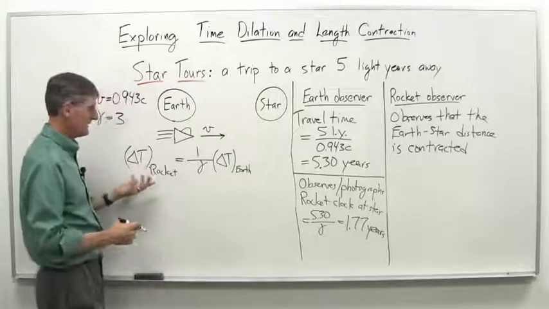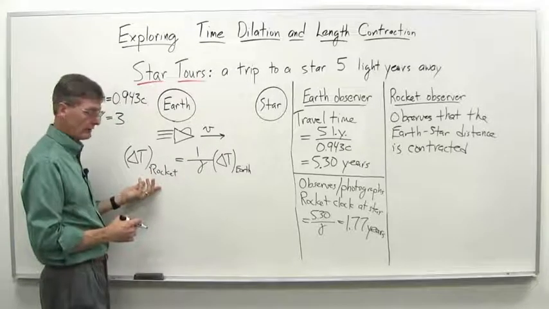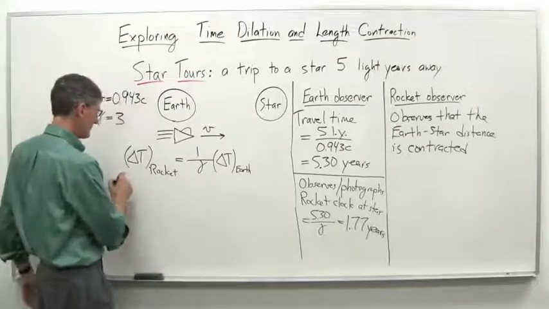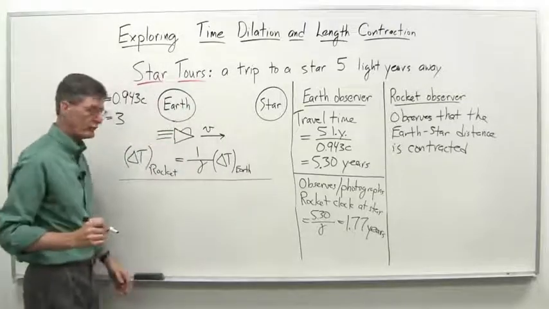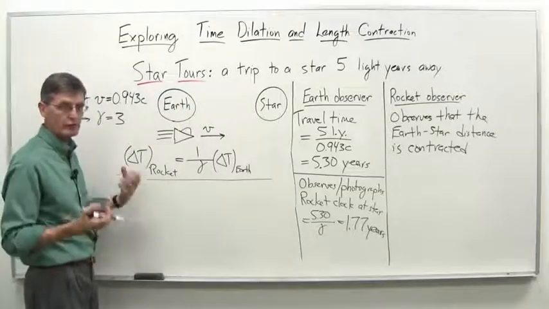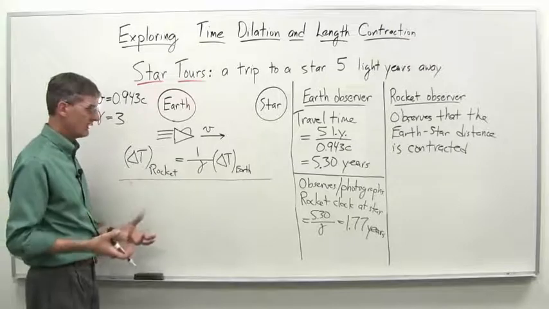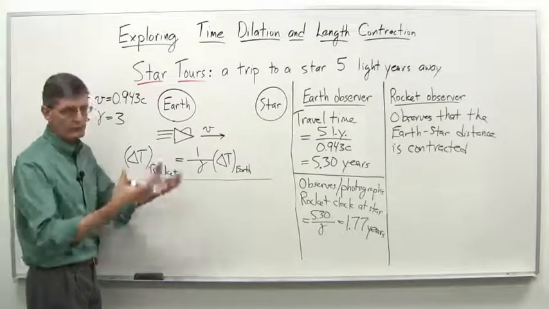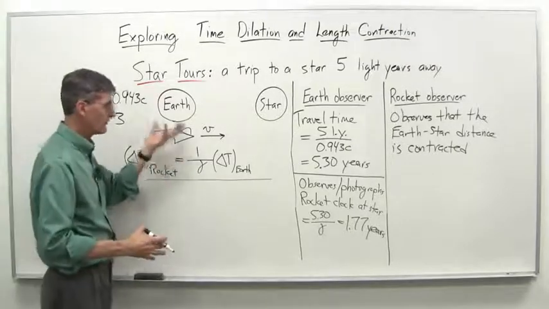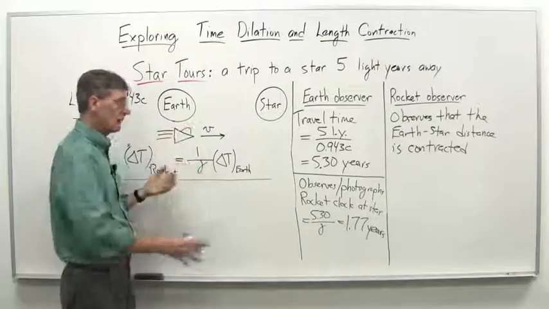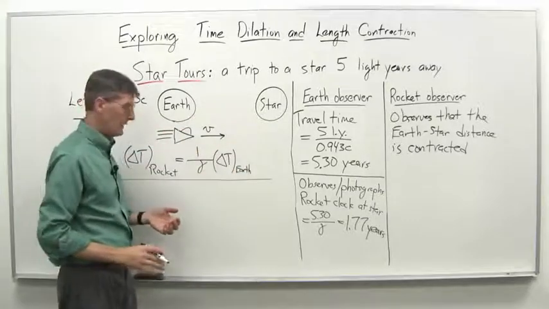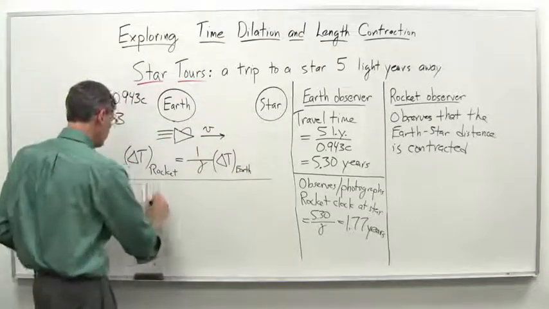Because, again, in the moving frame here, and let's not get confused here with rocket and Earth. So I'm going to use moving and rest frame because you can switch back and forth between the frames. And in this case, for Bob, he's in the rest frame. It's the Earth-star system that is moving.